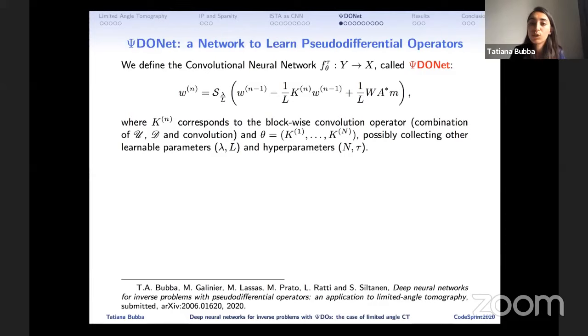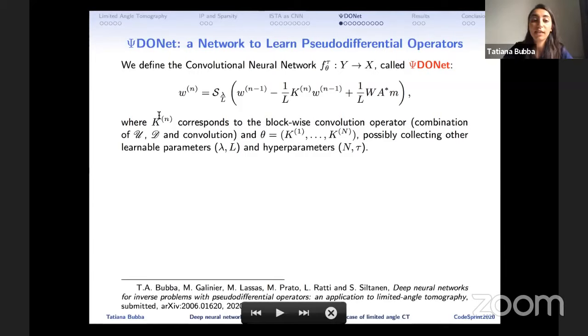Okay, so this is pretty much all we needed to finally define our convolutional neural network, which we call PSEUDONet. Starting from the main iteration we gave for ISTA, in neural network format, imagine that this K in particular is our weights matrix, so its coefficients are going to be our parameters for the learning.